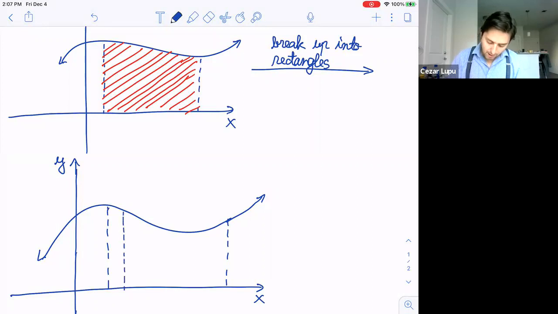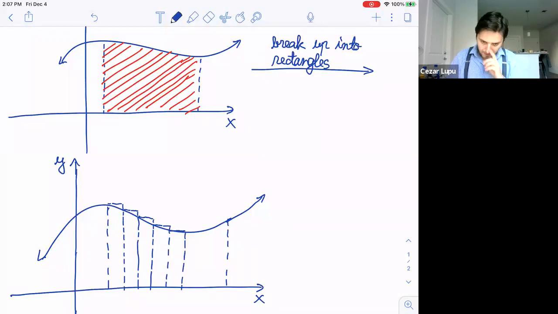As you can see here, I have to go like this. Here I'll do the same thing, the same I'll do here, and same here. And then at some point I'll have something like this.